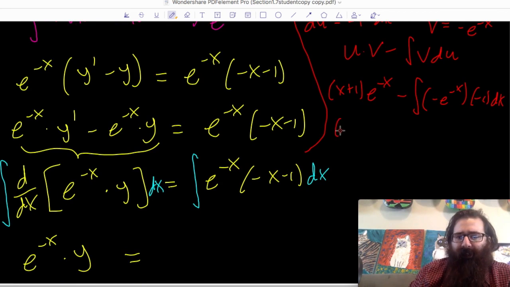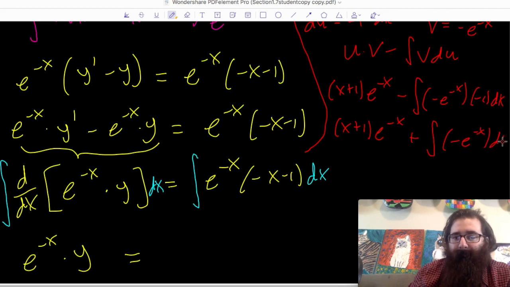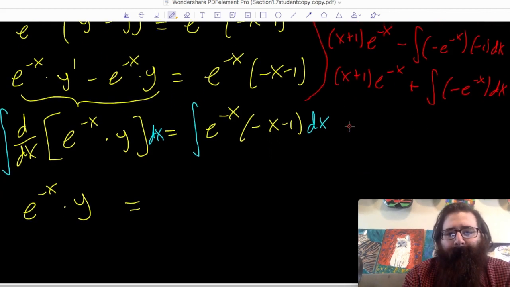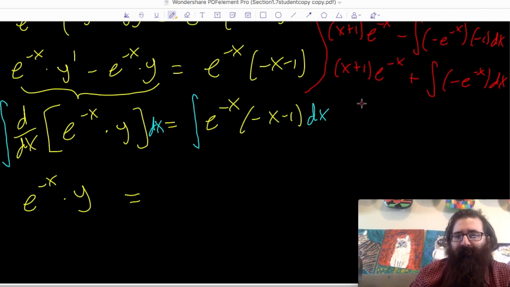So here I have x plus 1 times e to the minus x. Here the minus 1 and the subtraction symbol can resolve, so I'm left with plus the integral of this negative e to the minus x dx. And my u times v just keeps carrying along, so x plus 1 times e to the minus x. Here I integrate minus e to the minus x, the minus sign comes along.